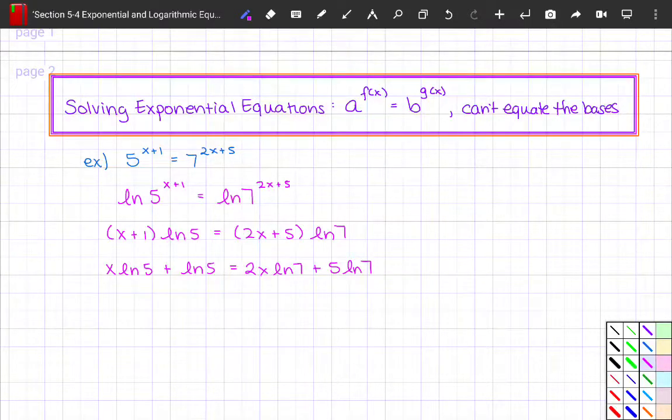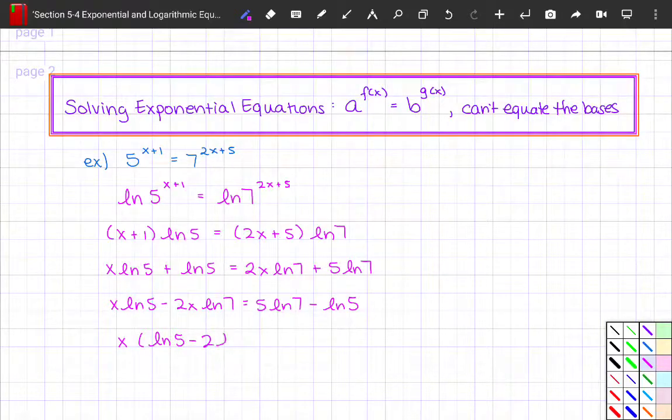And then I'm going to collect the terms with an x on one side. So we have x natural log 5 minus 2x natural log of 7. And on the other side, I'm going to put all the terms without an x. And then we can factor out the x on the left-hand side.